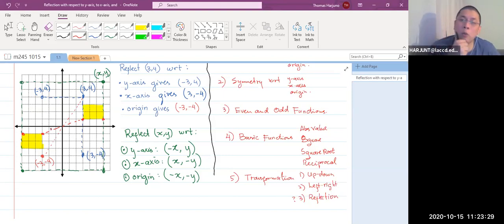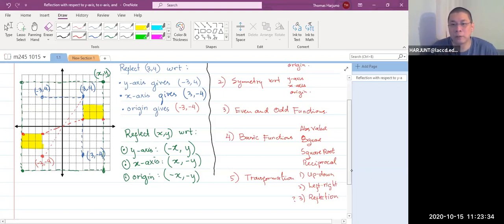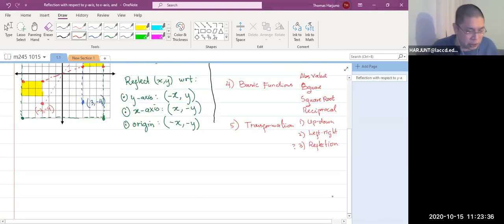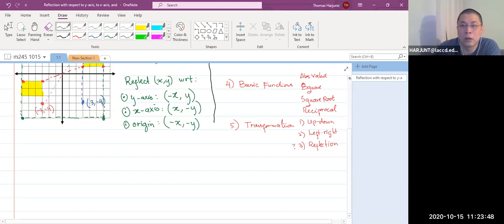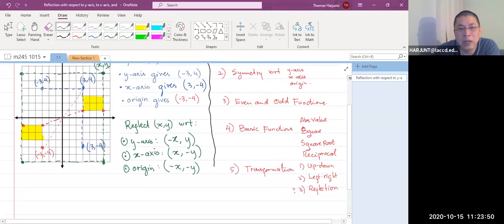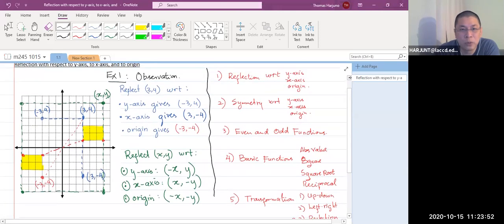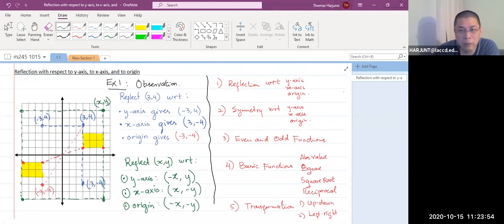Now, why do we want to learn this thing? Because of the following. There is one transformation that we will learn implicitly from here in 2.5. It is a reflection with respect to x-axis, respect to y-axis. While when they explain it there, it seems to be complicated, okay? But the basic idea is actually coming from here.